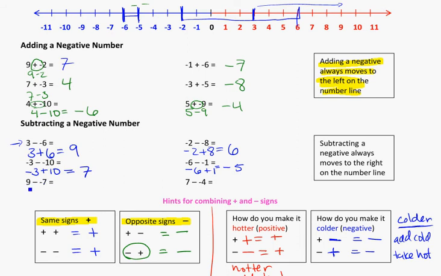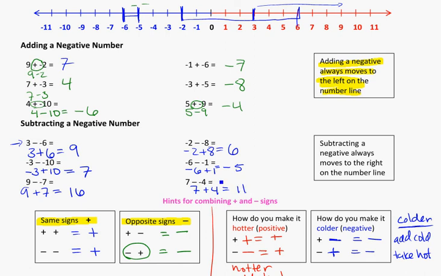So again, the signs are the same. I can write 9 plus 7. And 9 plus 7 is going to get us to 16. Last example, a 7 take away a -4. Again, those two signs are the same, the negative and the subtraction. So 7 plus 4 will equal 11.